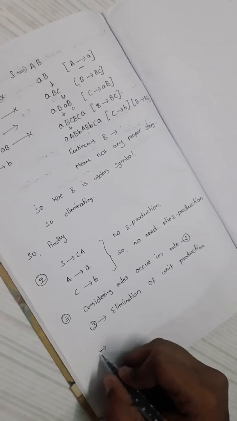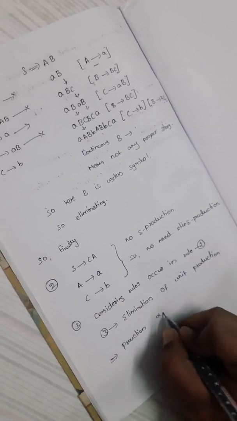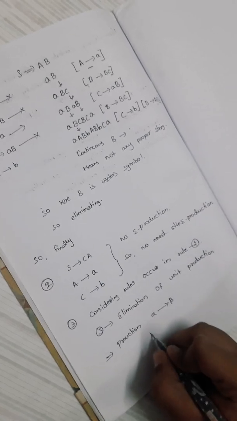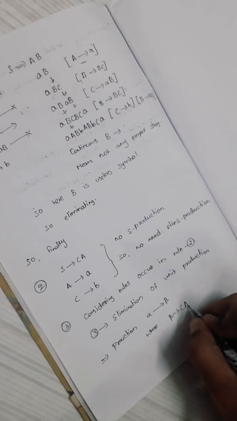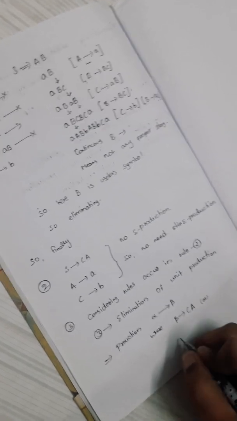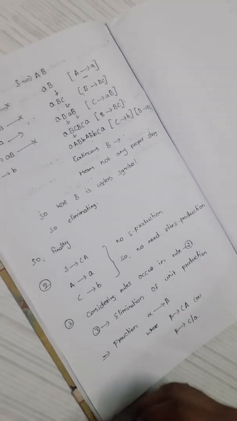As we know, the production rule is alpha tends to beta, where beta should have this format, or beta should be this one or this one.